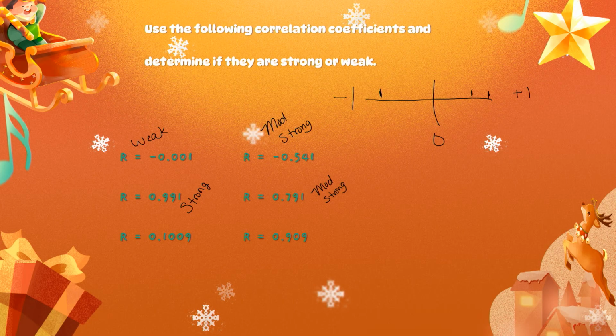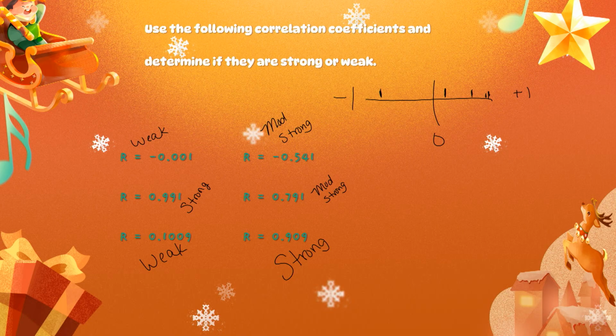We're looking at 0.1009. Now that's going to be about down here, almost to 0, but not quite. So we're going to say that this one has a weak correlation. And then we have 0.909. So we are really almost to 1, so this is going to be very strong correlation.